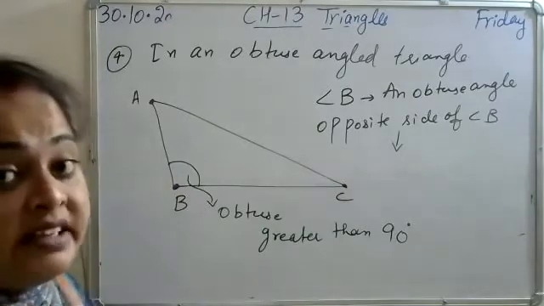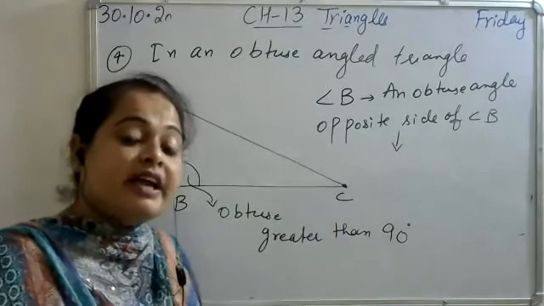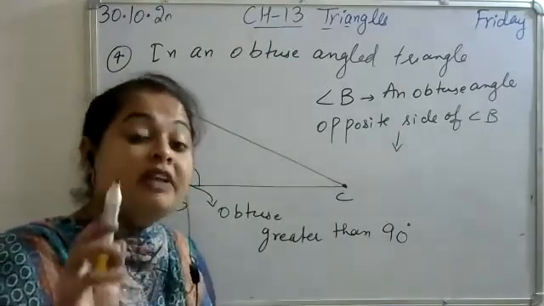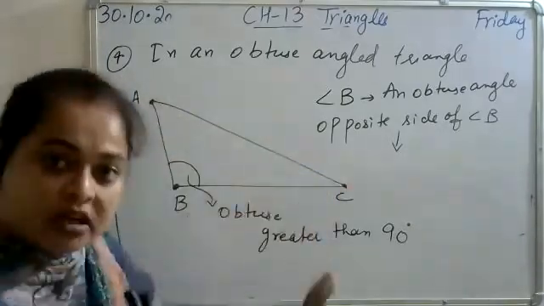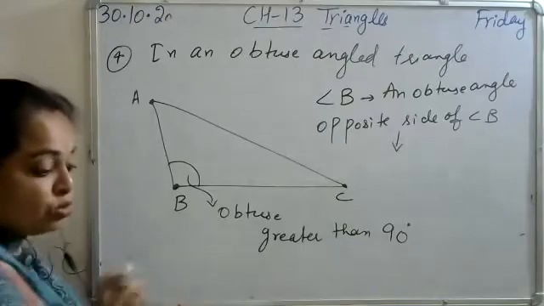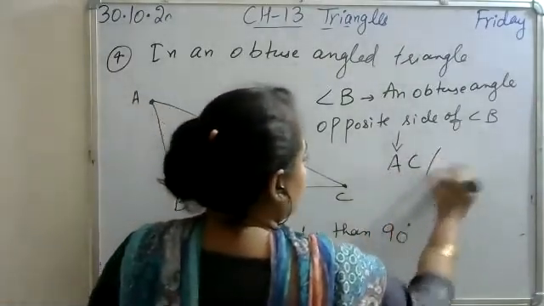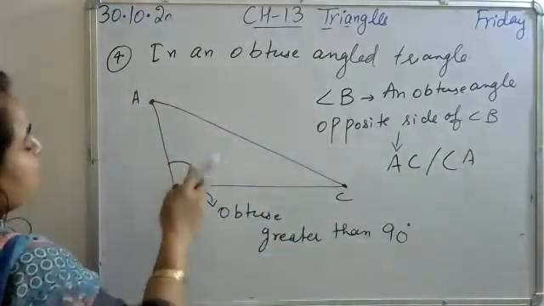Samriti, don't write C and A. In a line segment, you will not use the word and. Write without and. CA or AC, both are correct, both are the same thing. So this side is opposite.